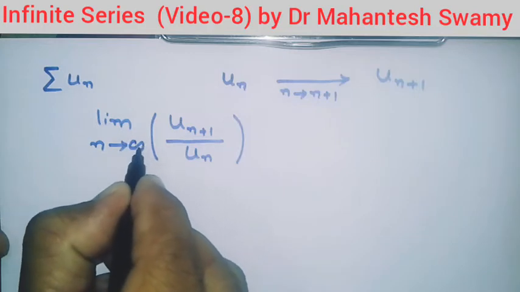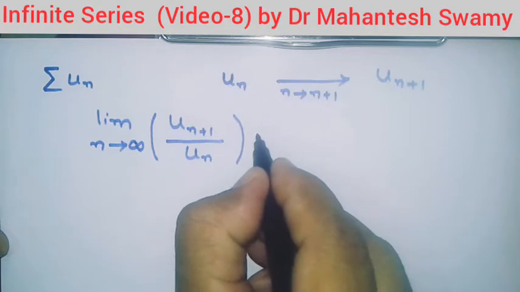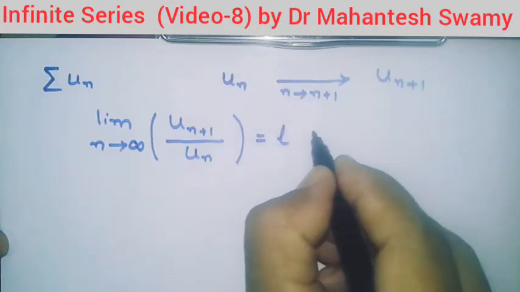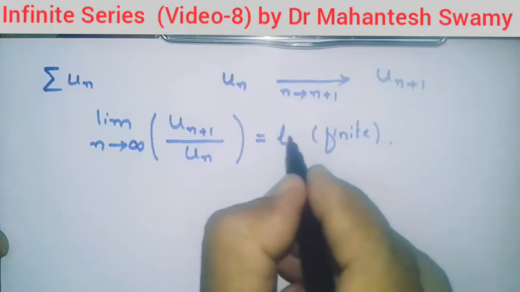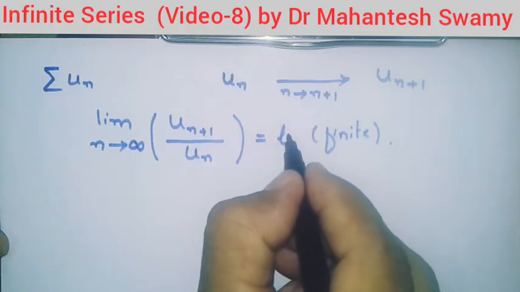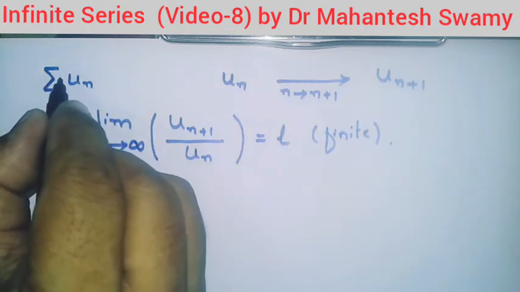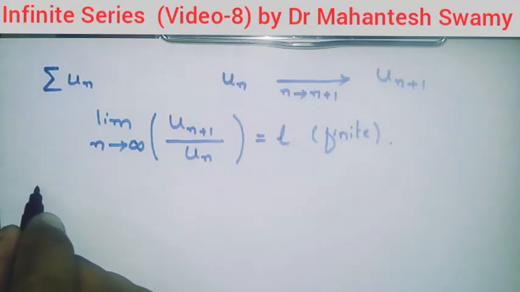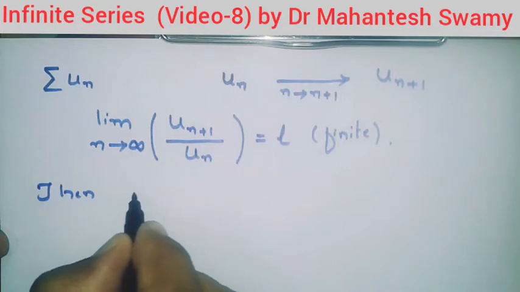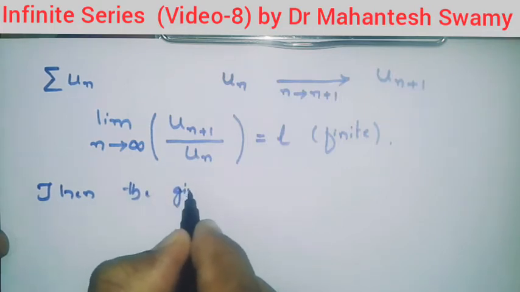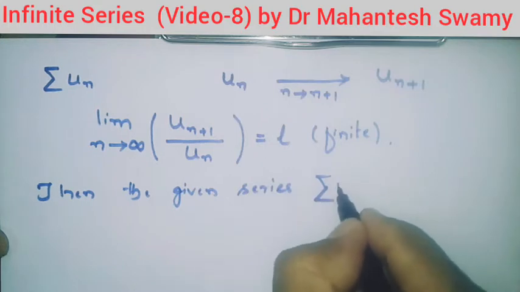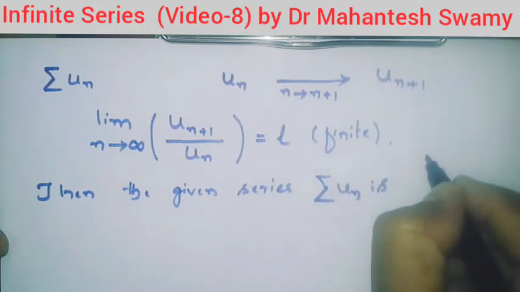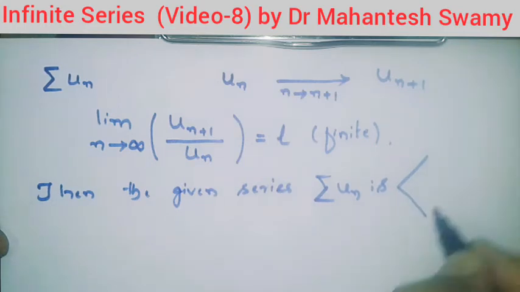So we have to evaluate this limit, and if this limit is L, where L is a finite and unique quantity, then depending upon the nature of L, we say that the given series summation un is either convergent or divergent.